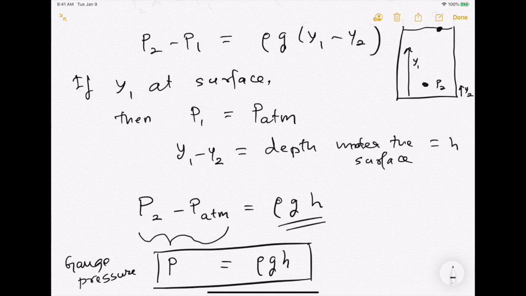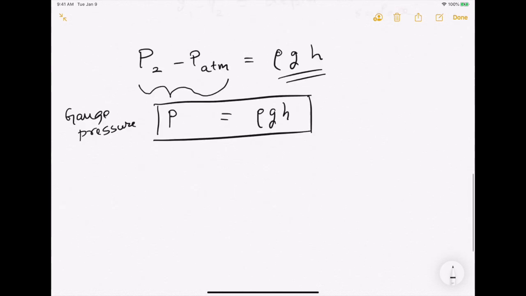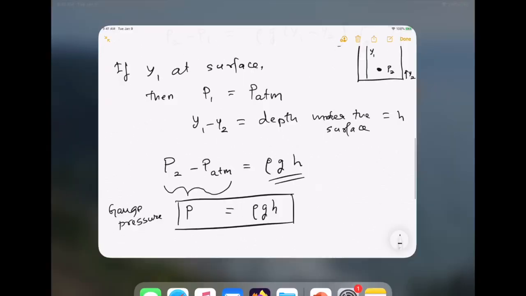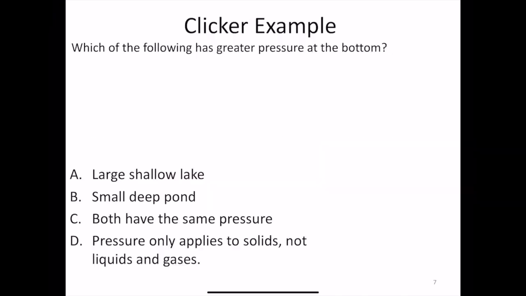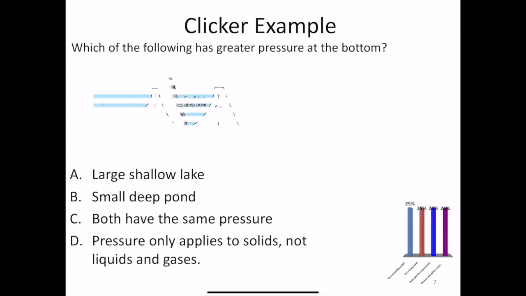Okay. Let's look at an application of this formula. See if you can work out this question. Which of the following has the greater pressure at the bottom? Is it at the bottom of this shallow lake, which has an enormous amount of water, or is it at the bottom of this deep pond, which has a small amount of water?